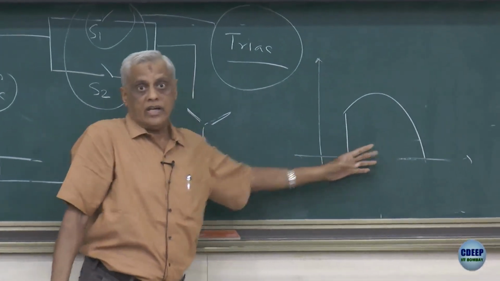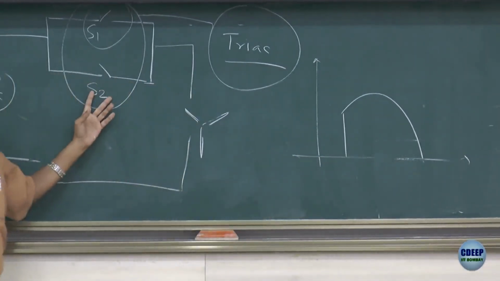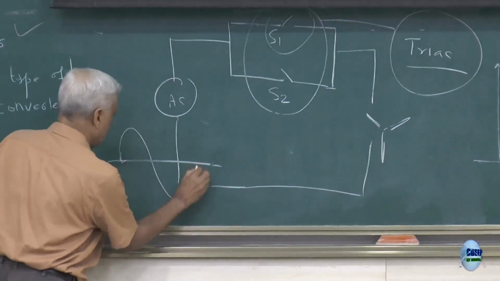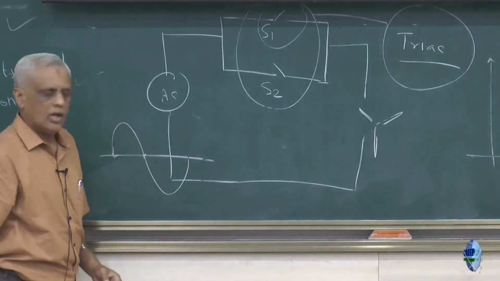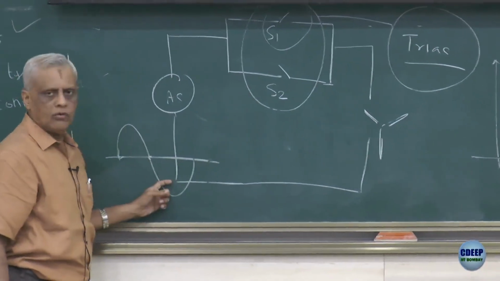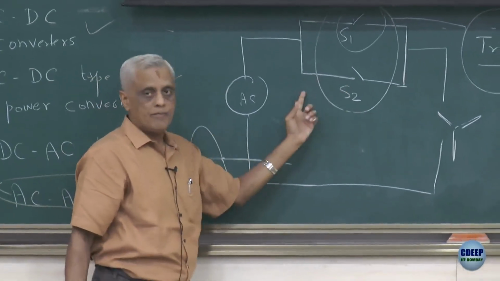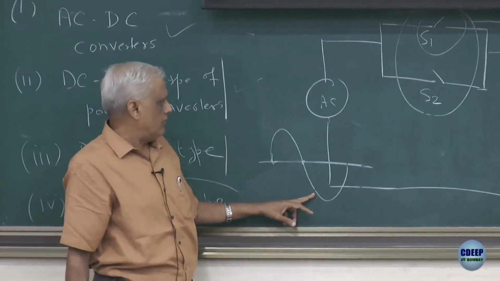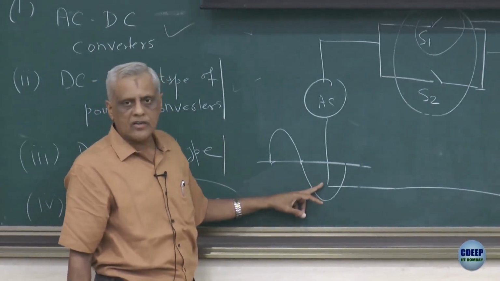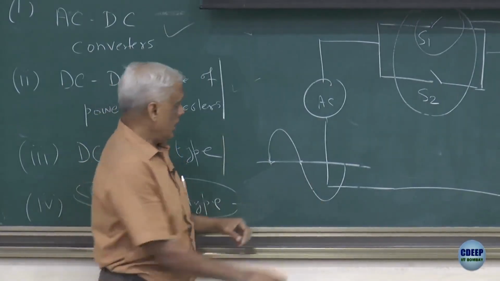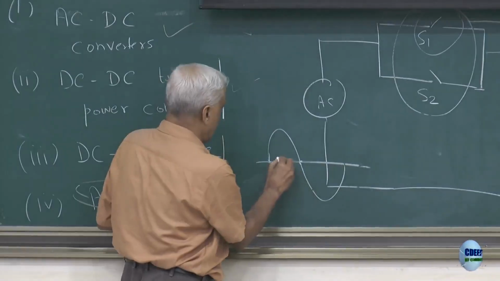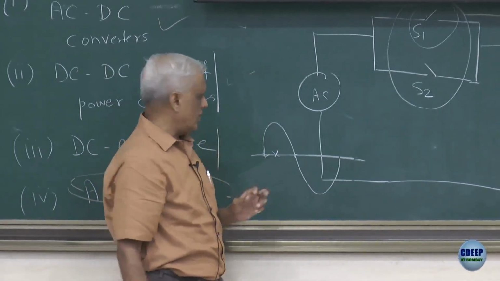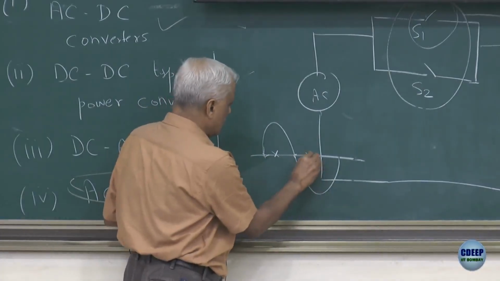Now symmetrically, the second device also, if I delay its switching with respect to this particular low, this is the low when S2 is, as you can see the way it is connected, the one which will be forward biased or have positive voltage across it, so that it is in the position to conduct. So if I give the turning on instruction here, I am giving it symmetrically here.